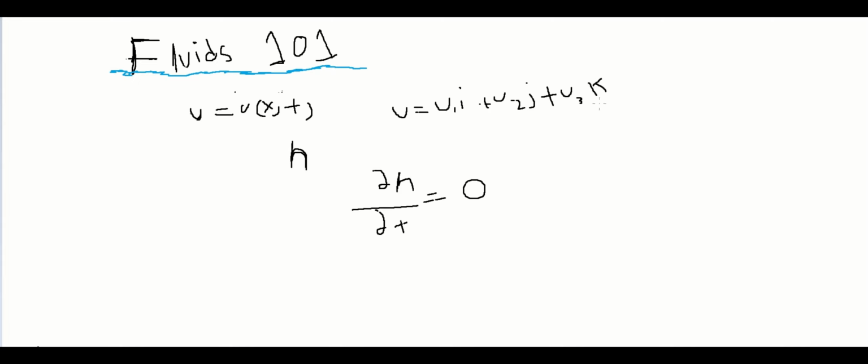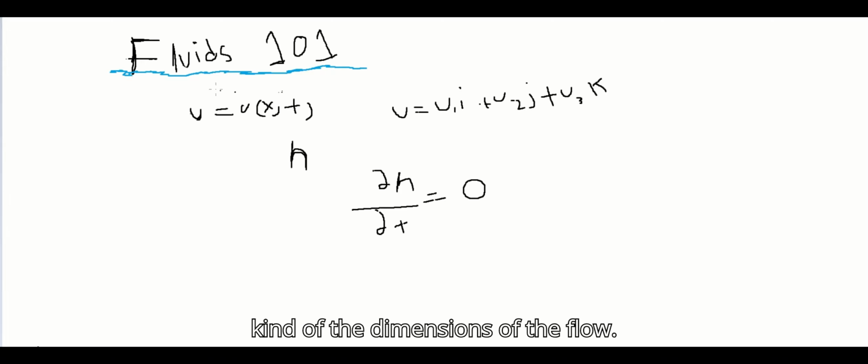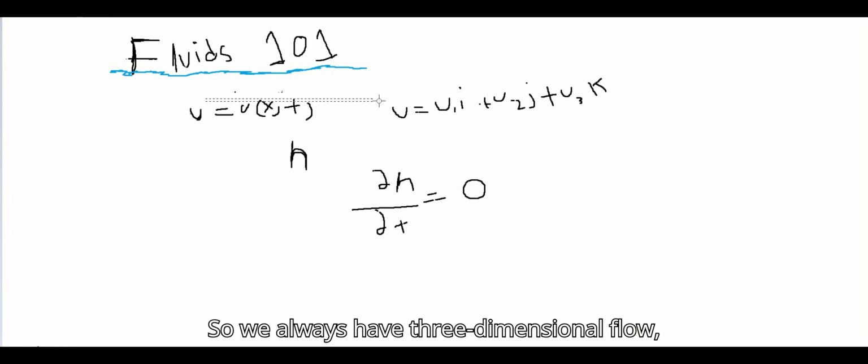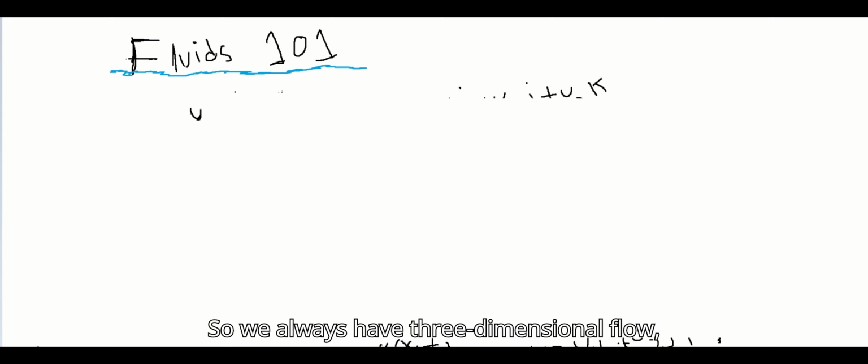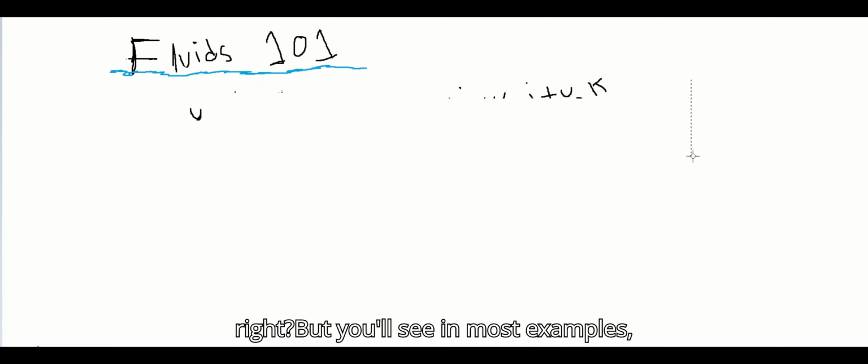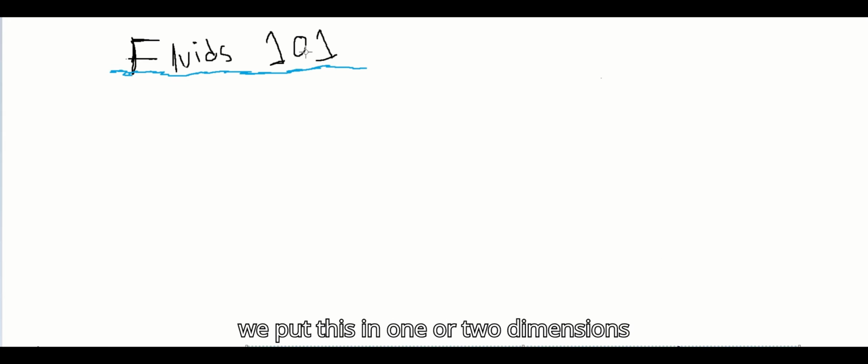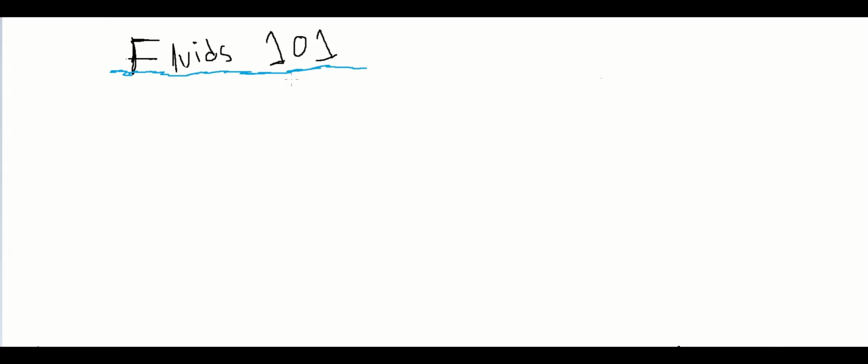So let's take a look at the dimensions of the flow. We always have 3-dimensional flow, right? But you'll see in most examples we put this in 1 or 2 dimensions just because it's easier to characterize the velocity field. These are only approximations.